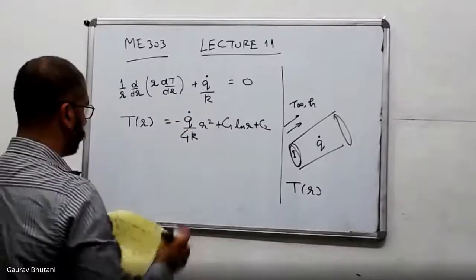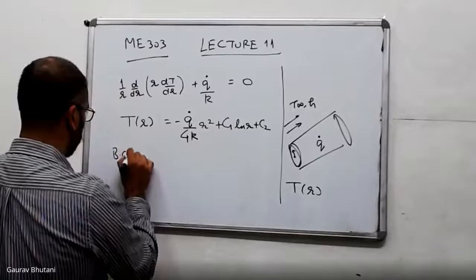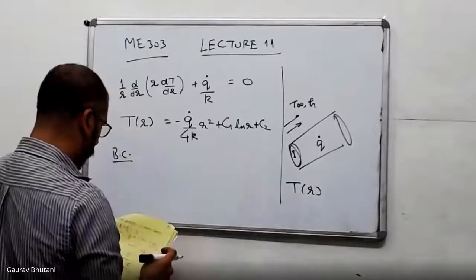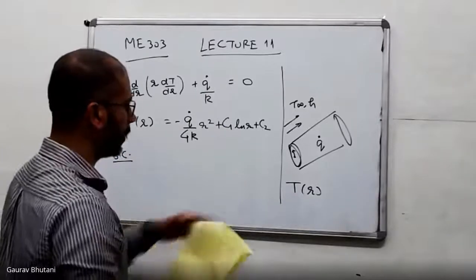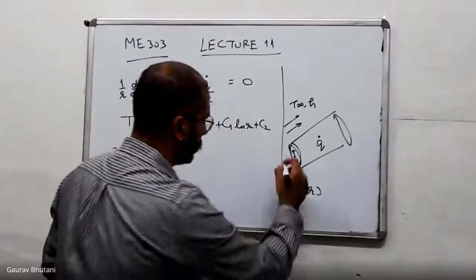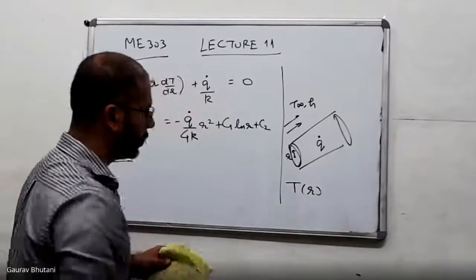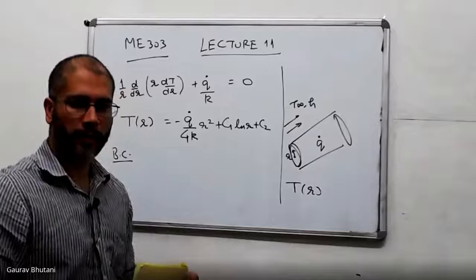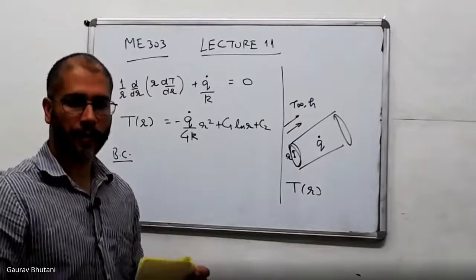Okay, the boundary condition in this case, now it's a solid pipe, so we need a boundary at R equal to 0 as well. So at R equal to 0, the most obvious boundary condition we can have is dT by dr should be 0.